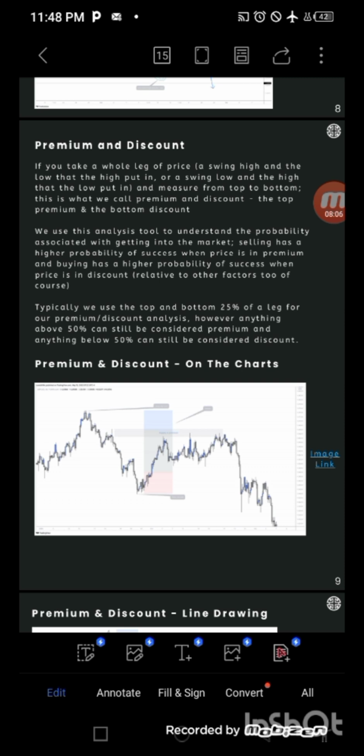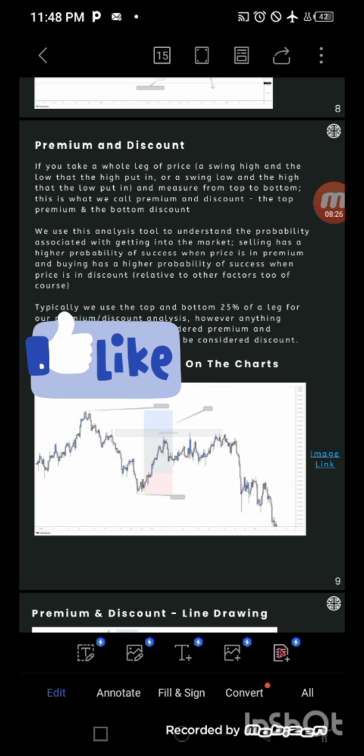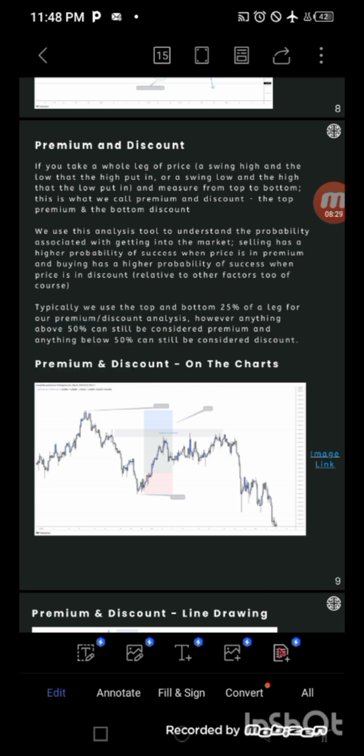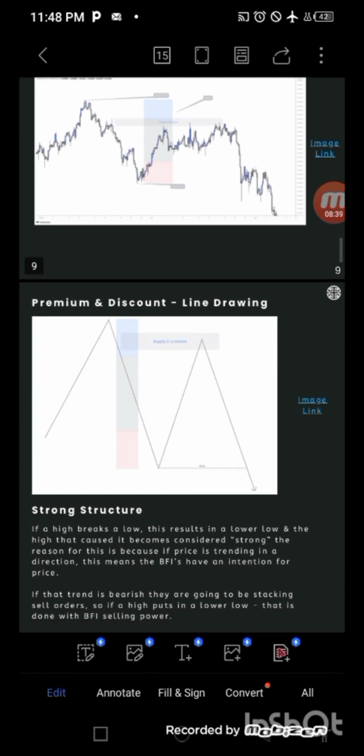We use this analysis as a tool to understand probability. Selling has a higher probability of success when price is in premium, and buying has a higher probability of success when price is in discount, related to other factors too, of course. Typically we use the top and bottom 5% of the leg from our premium discount analysis. However, anything above 50 can still be considered premium, and anything below 50 can be considered discount. Okay, it's the market's statistics.